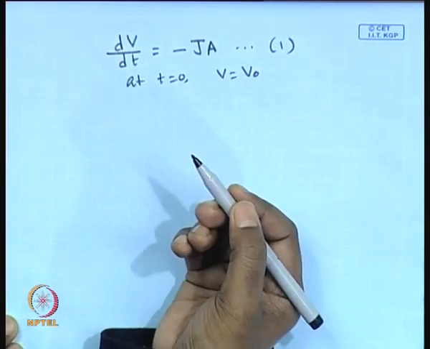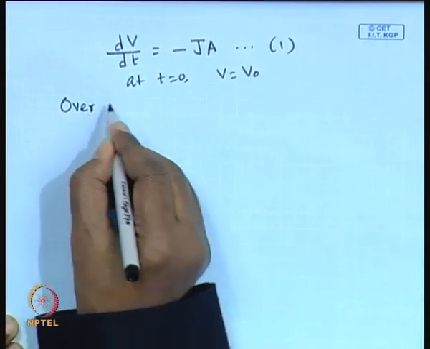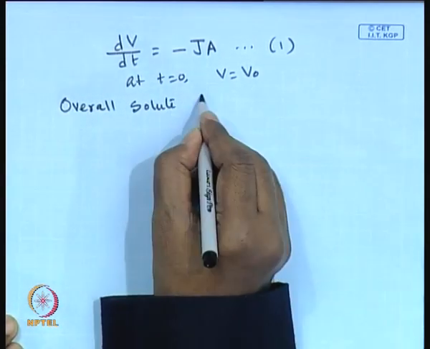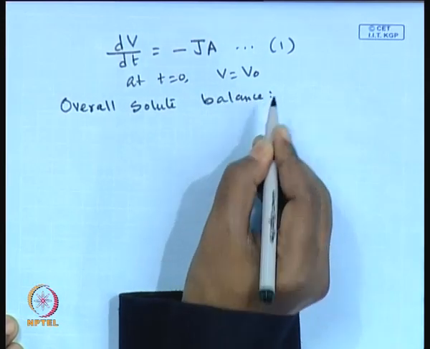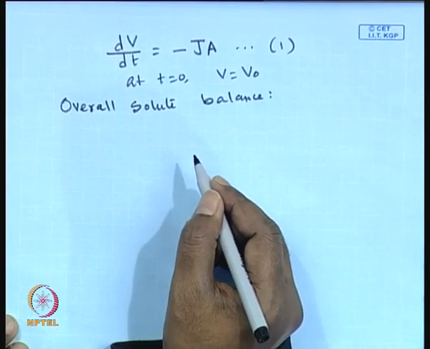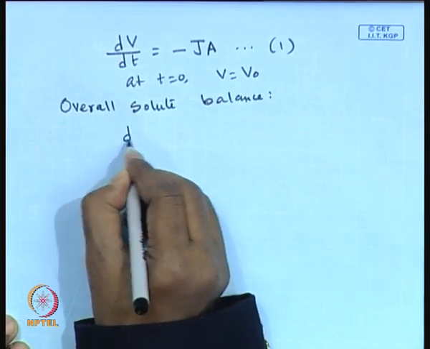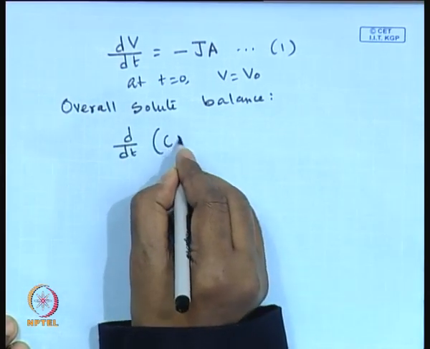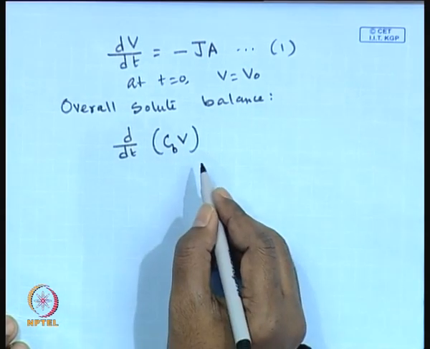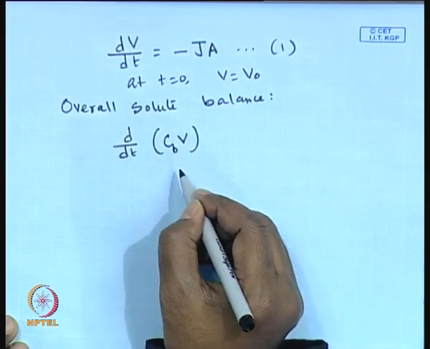Next we get the governing equation of bulk concentration. For that, what we have to do? We do an overall solute material balance. Rate of accumulation is equal to rate of solute going into the system minus rate of solute going out of the system. There is nothing going in. So, you will be having d/dt of C bulk times V. V is the volume at any point of time, Cb is the concentration at any point of time.